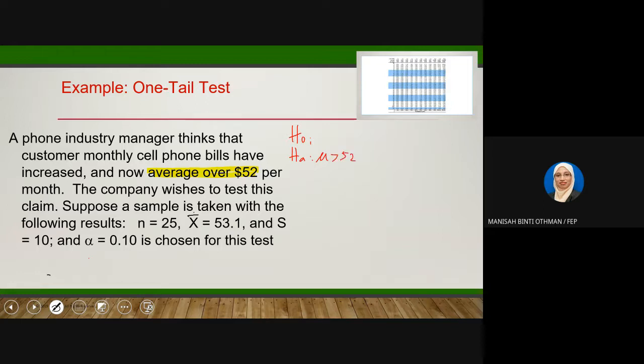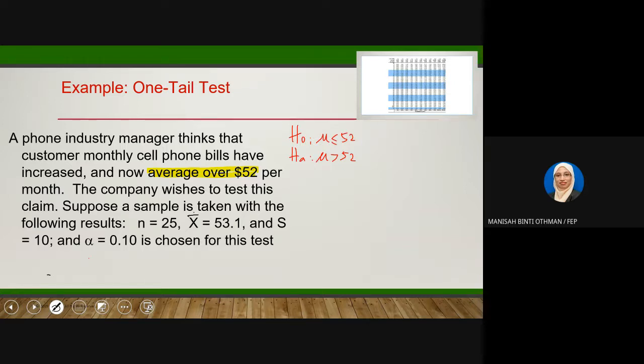The null is the opposite: mu is less than or equal to 52. The null is the opposite of the alternative, but the equal sign must be in the null hypothesis.